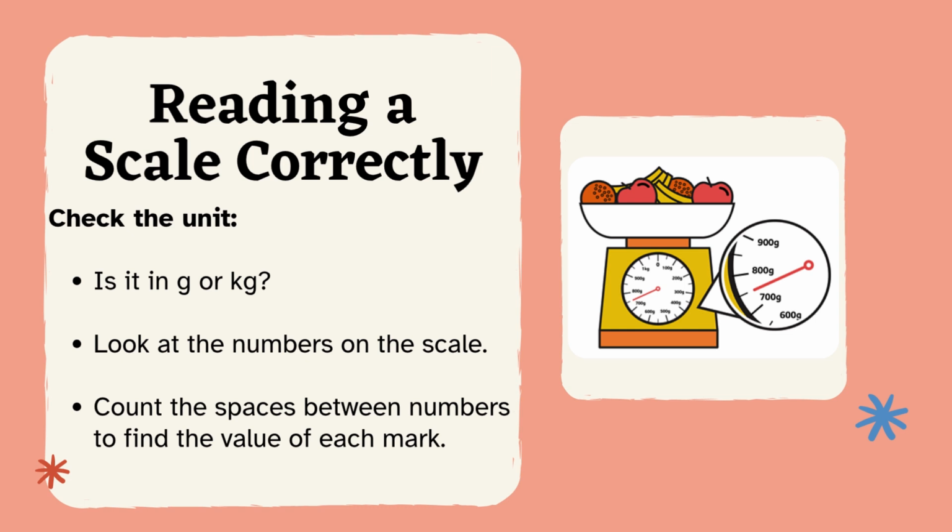Each scale can sometimes also be different. For example, a bathroom scale, the scale you usually use when you want to weigh yourself, is in kilograms. But the kitchen scale, that's a little bit smaller, and we measure smaller things, will usually be in grams. So make sure you see if the scale is in grams or kilograms and what it counts in.